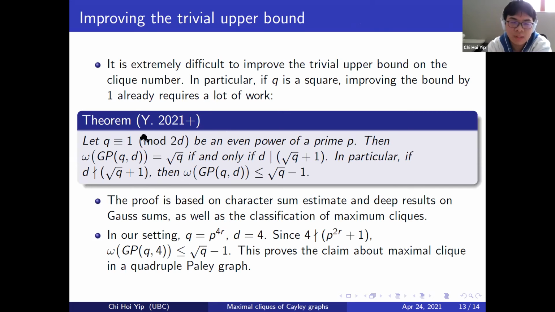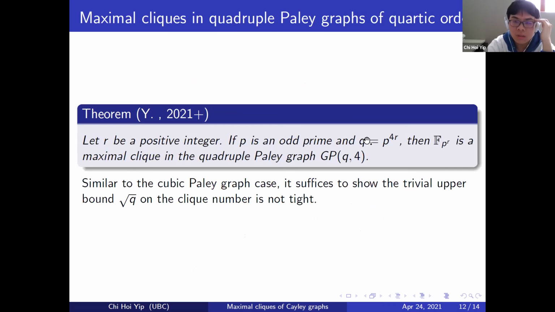This is my result, and I spent about 12 pages to prove it. The proof is number theoretical, based on the Carlitz sum estimate and Gauss sums, and also the classification of maximal cliques. It basically says that the clique number of GP(Q,D) is given by root Q if and only if D divides root Q plus 1. In our quadruple Paley graph setting, Q is p^{4r} and D is equal to 4.